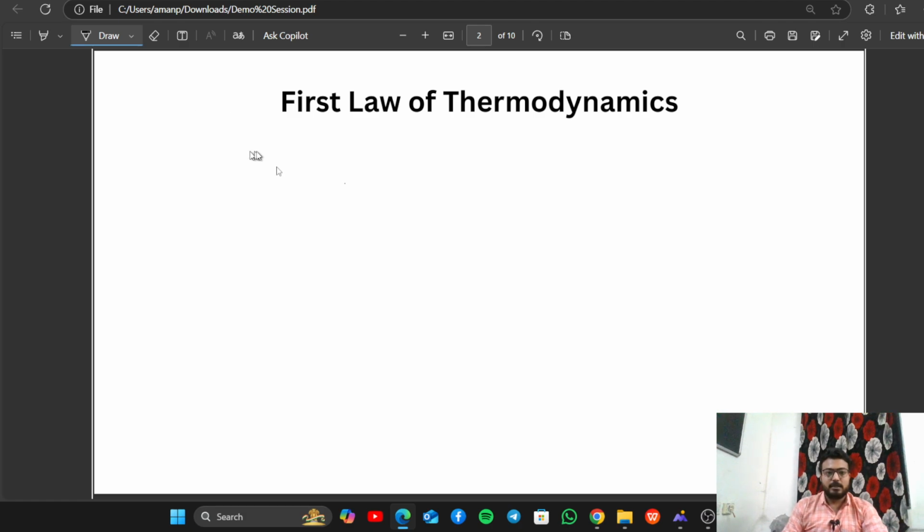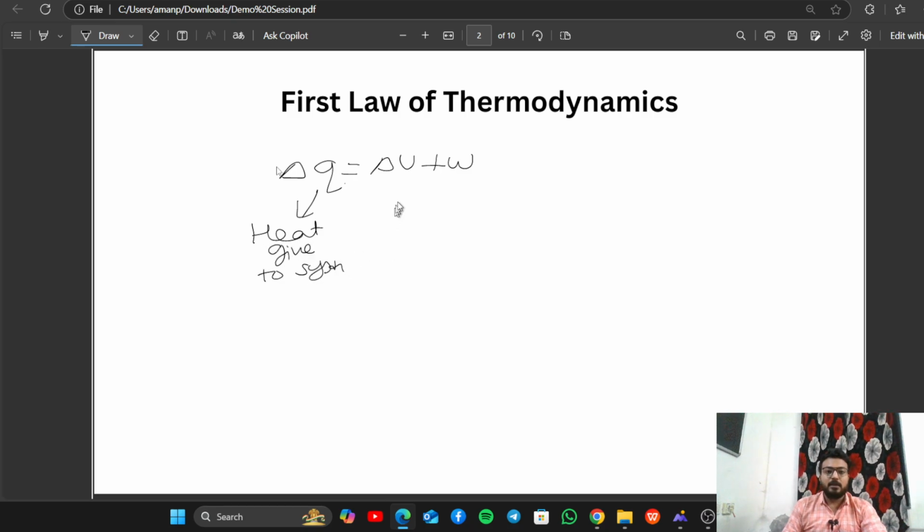So it states that delta Q is equal to delta U plus W, which means for a closed system, the total energy of the system always remains constant. So here Q is the heat given to the system.